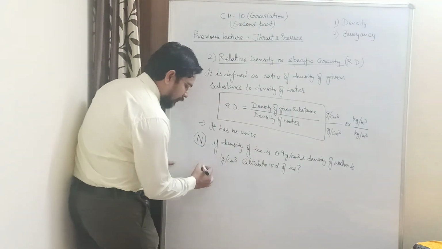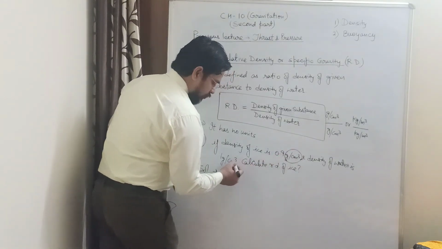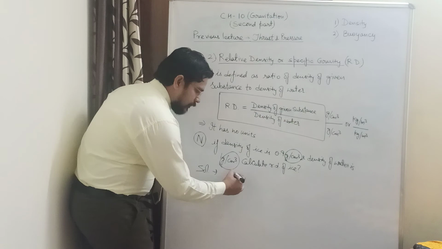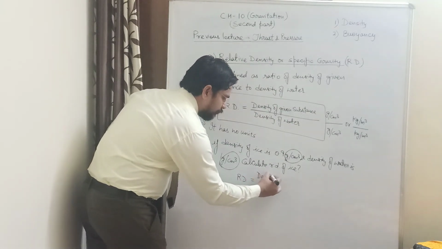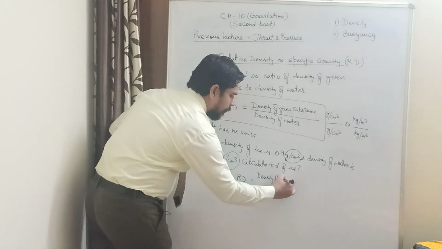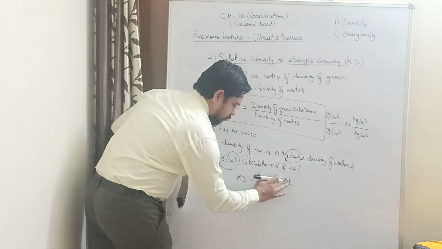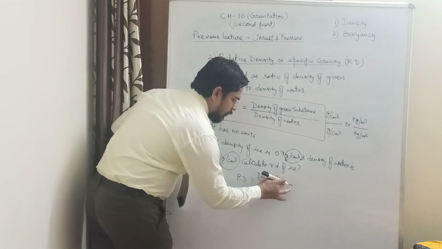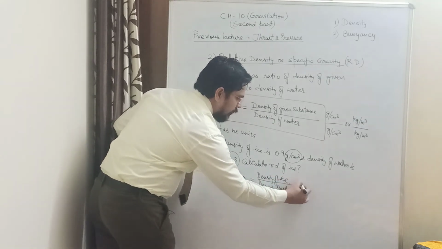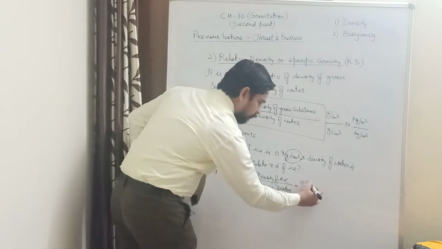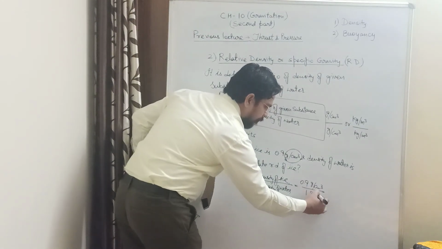As you can see, both the densities are given in the same units, so half of our work is already done, and we'll simply take the ratio of density of ice to density of water, and I will get 0.9 gram per centimeter cube divided by 1 gram per centimeter cube.